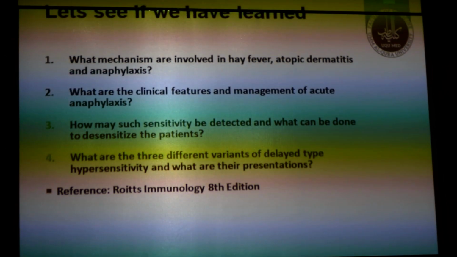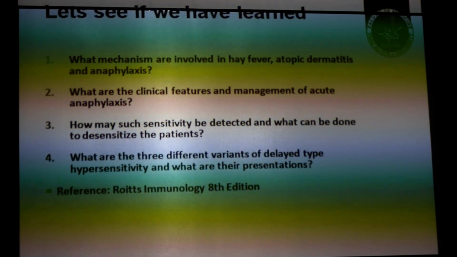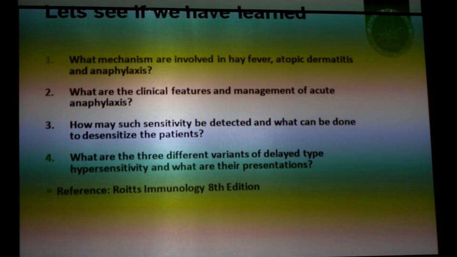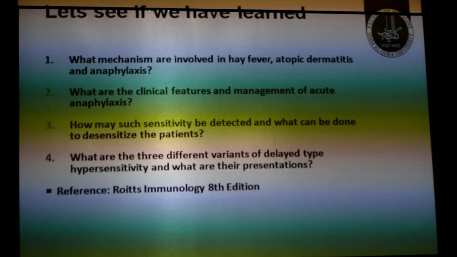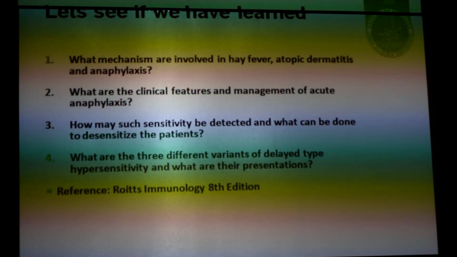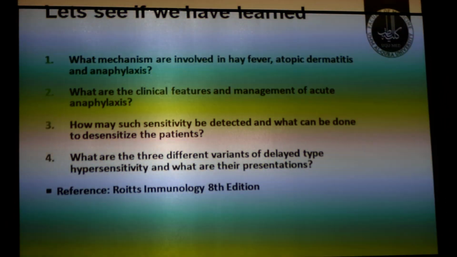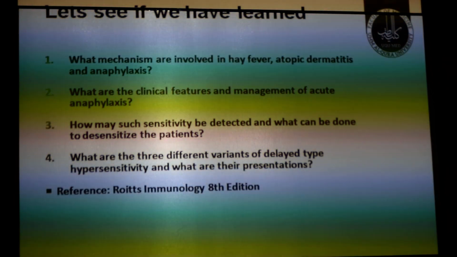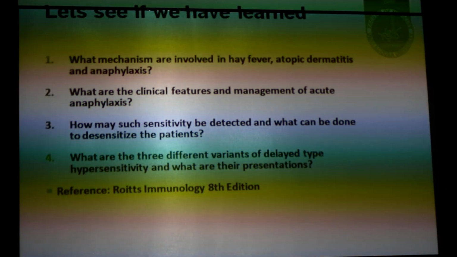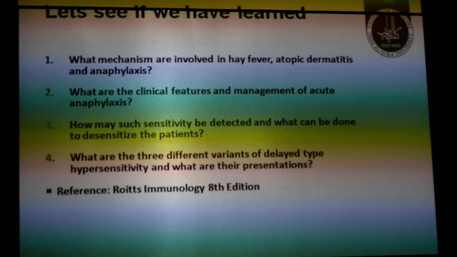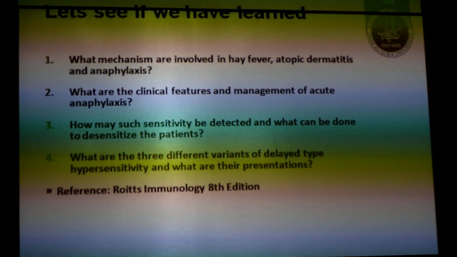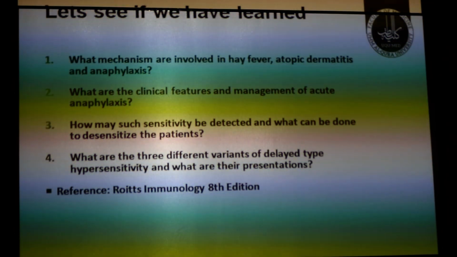These are the gold standards. And we saw both of them, that you inject the allergen and then read it after how much time? 3 days? 1 hour. No, 3 days is for the tuberculin test. The skin prick test has to be very fast. That's why it is called immediate hypersensitivity. After 1 hour you have to read it. While the tuberculin test, you have to read after 3 days.